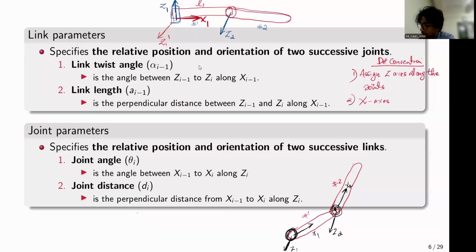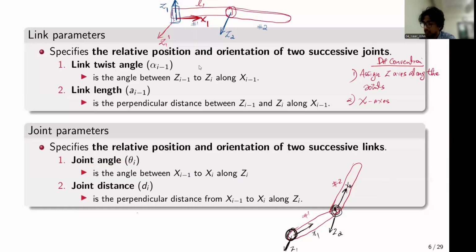So I'll give an example of what this joint angle means. Joint angle is the angle between xi minus 1 and xi along zi. So if this is xi minus 1 and if this is xi, or I'll call it x1 and x2, the relative orientation between x1 and x2, maybe this angle, measured about z2 is called the joint angle.